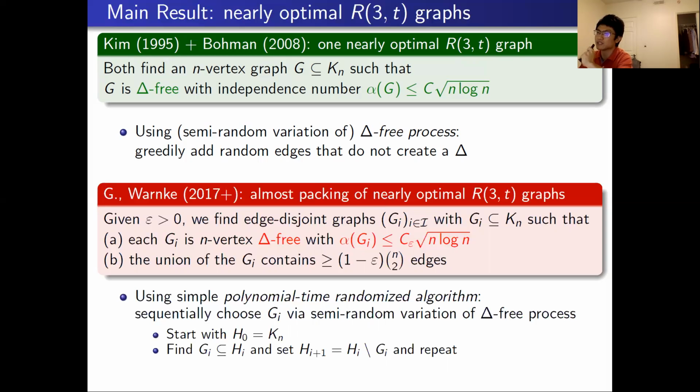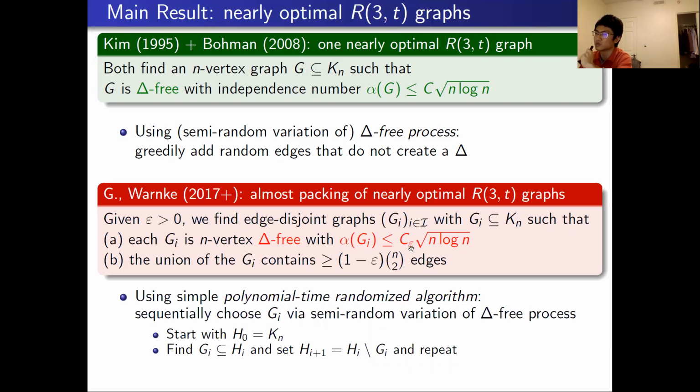So to be explicit, it means given any epsilon greater than 0, we find an edge disjoint collection of graphs G_i in the complete graph K_n, such that each G_i is a nearly optimal R3T graph. It means each G_i is triangle free with controlled independence number.